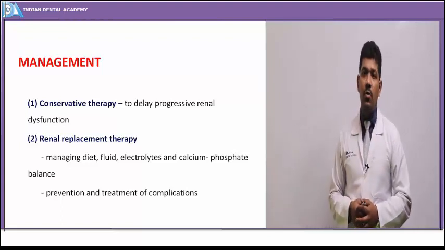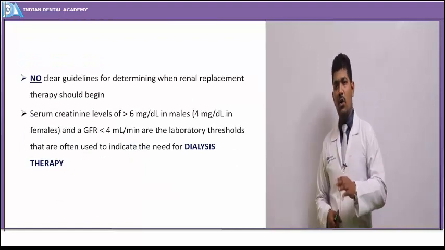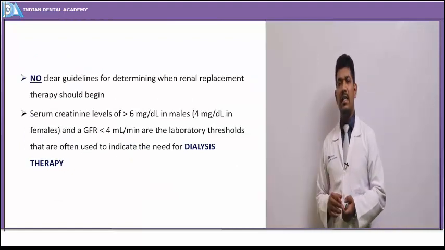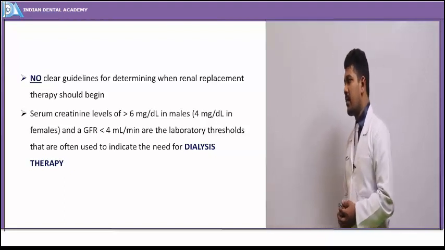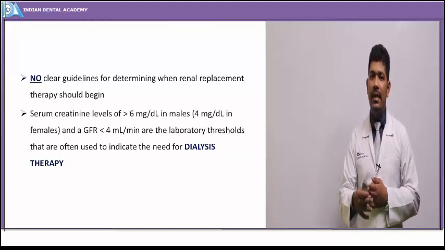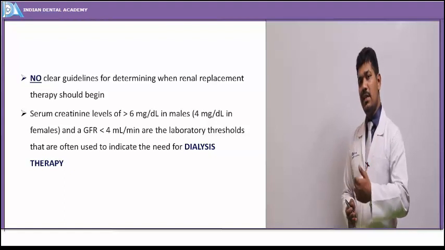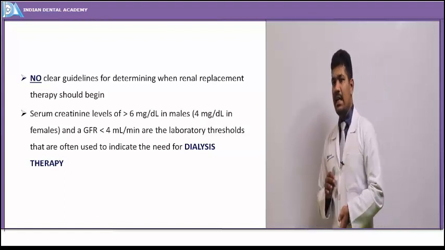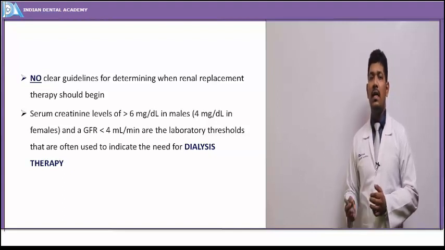Now, there are no clear guidelines on when the renal replacement therapy has to start, but normally it is said that when the serum creatinine level is more than 6 milligrams per deciliter, or the glomerular filtration rate of the renal system decreases so much that it becomes less than 4 milliliters per minute, that is when you go in for a renal replacement therapy or a dialysis therapy.